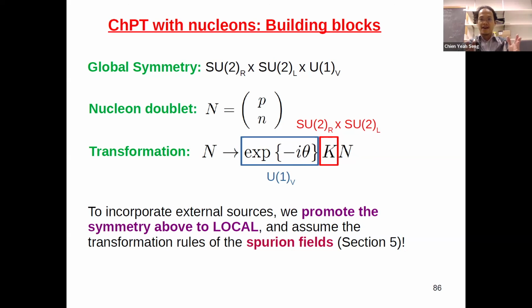Again, in order to incorporate the effect of explicit symmetry breaking terms into the Lagrangian, we need to involve also the external fields, external sources, r mu, l mu, and v mu s. They are implemented in such a way that if we assume the external fields transform in a certain way, then the global symmetry becomes a local symmetry.